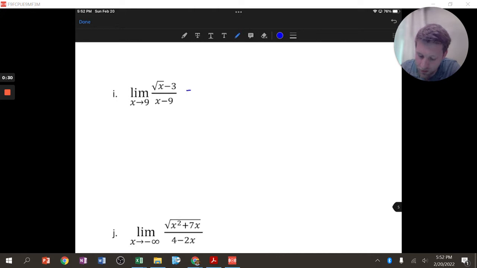One way I can express this function is, again, rewriting this limit. So the limit as x goes to 9, we have the square root of x minus 3 divided by, if I considered x minus 9 as a difference of squares, we can actually rewrite this as the square root of x, that's the square root of the first item, plus the square root of 9, which is 3. That is one factor.